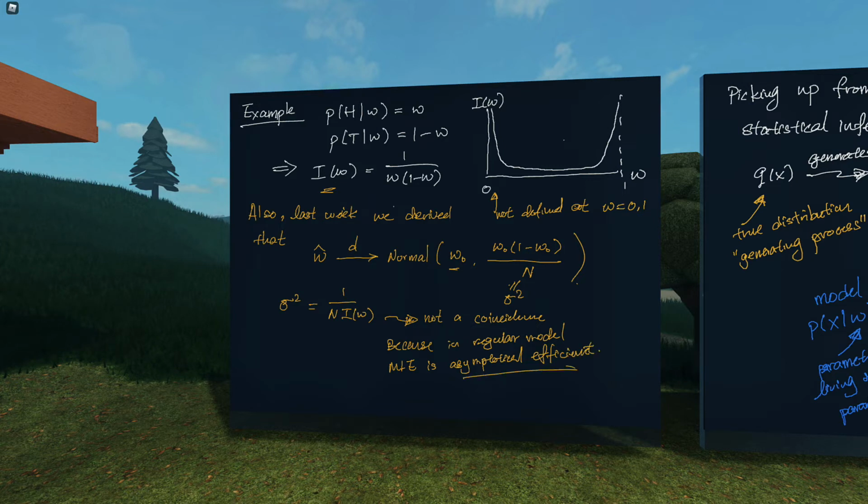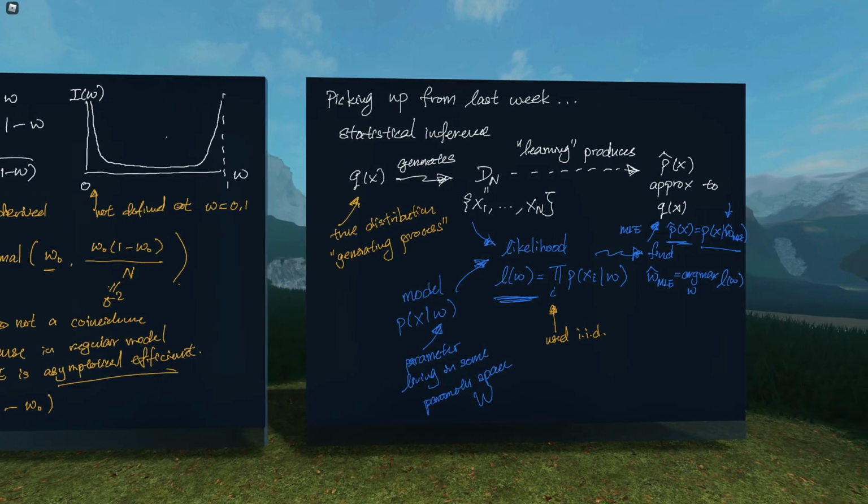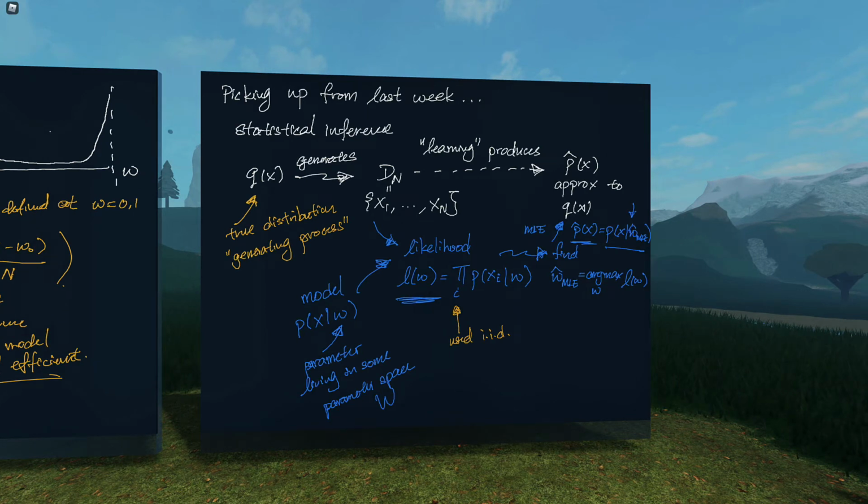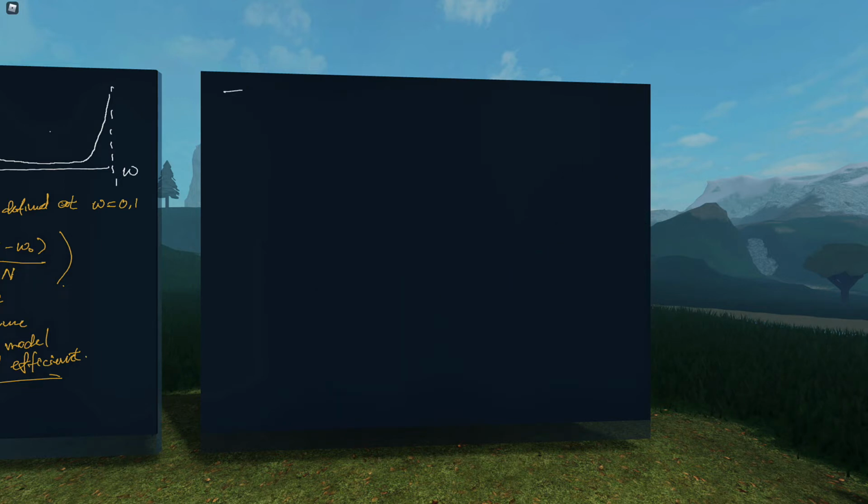This property is saying that as an estimator, to estimate W naught, actually, let me go to the next board and write this as a theorem. So, theorem.